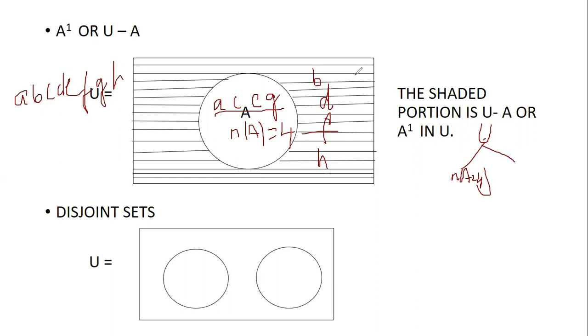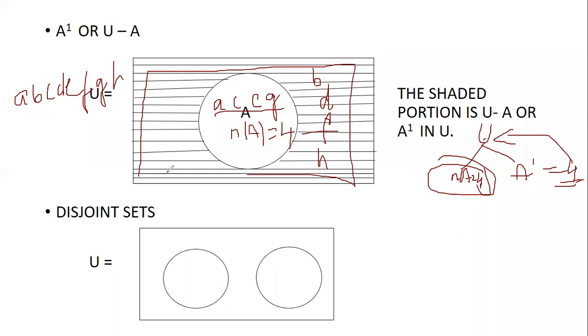Now the remaining 4 is part of A complement. The remaining 4 is part of A complement, that is 4. Now here, after you take out A, whatever is remaining is equal to the universal set elements because it is written in the outer part of the circle. So that is what they are trying to say when they say n of A complement is equal to n of universal set.